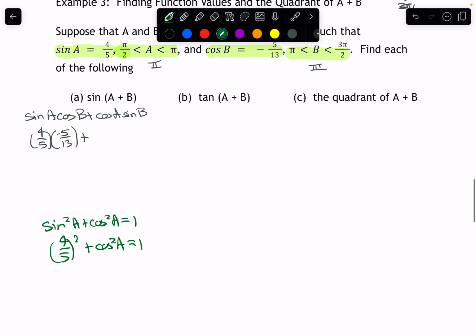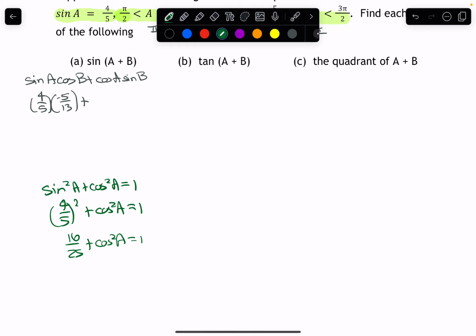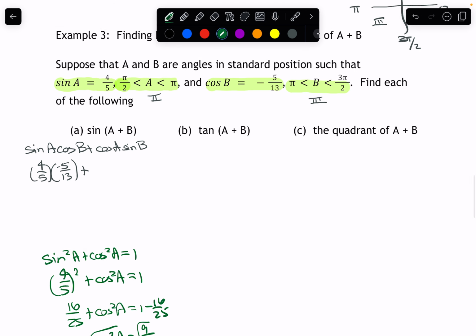So that's 4/5 squared, which is 16/25. Once you do these for a while, you get really comfortable, and you'll recognize, if you know your Pythagorean triples, the 3, 4, 5. So 1 minus 16/25 becomes 9/25, and then we'll square root, and we get the cosine of a is 3/5. And since a is in quadrant 2, where the cosine is negative, it's negative 3/5.